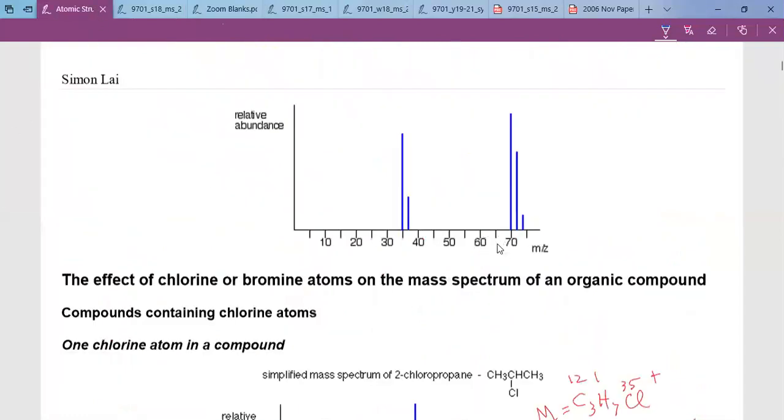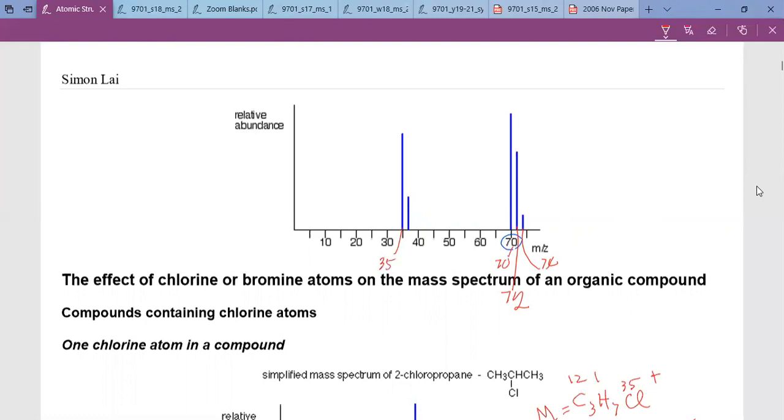The first one, of course, is 70. I'm going to use red so we can make it clear. So this is 70, this is 74, and this will be 72. They say analyze: what are these lines here? Now this is 35.